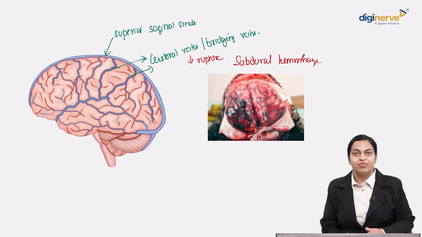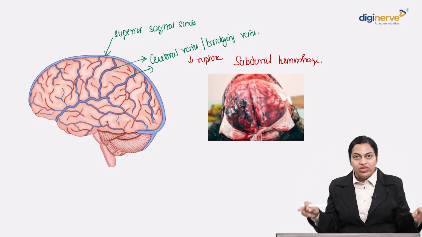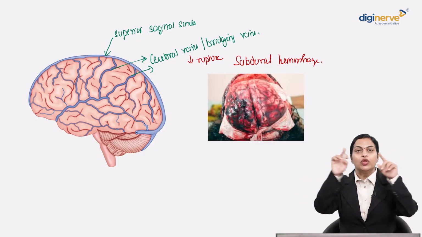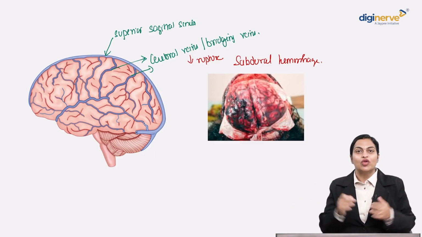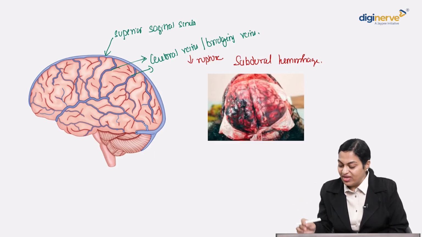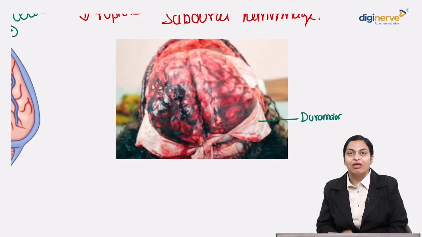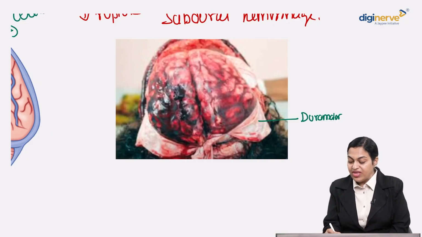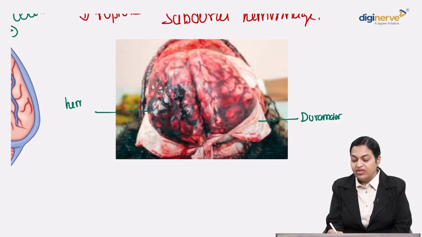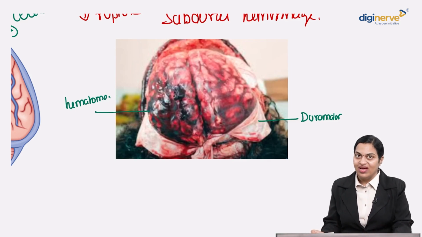In the subdural space that lies below the dura mater, between the dura mater above and the arachnoid below. In this image, can you identify the dura mater, the outermost thick fibrous layer? And you get to see a hematoma here. This is the subdural hematoma, right?